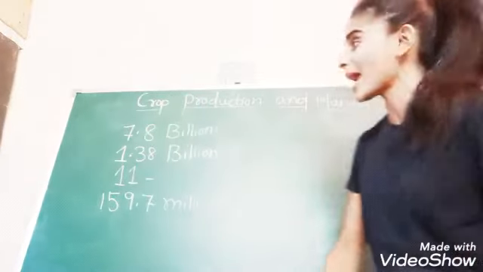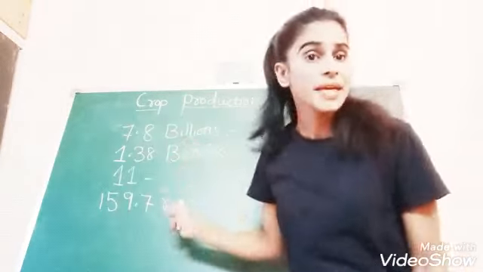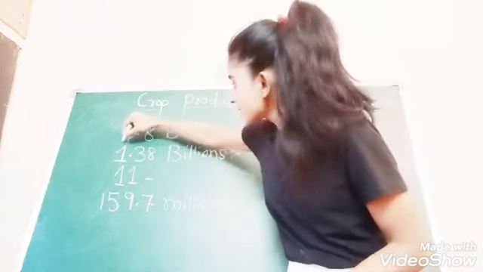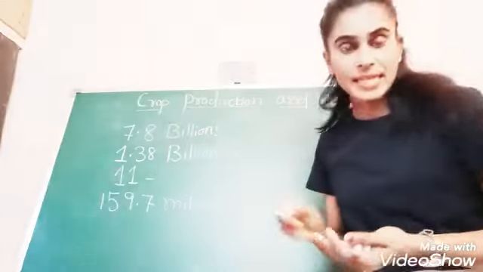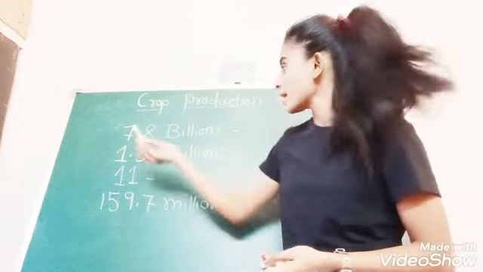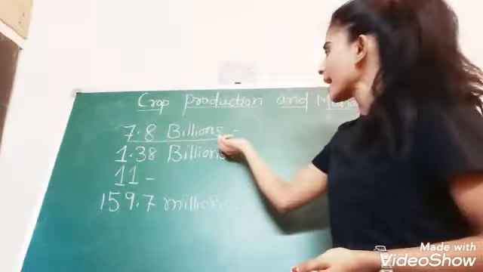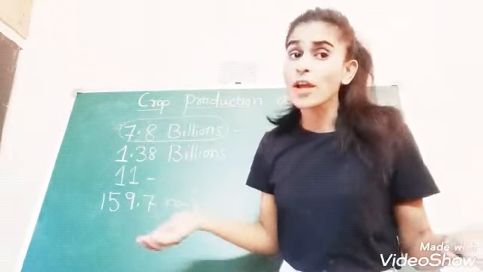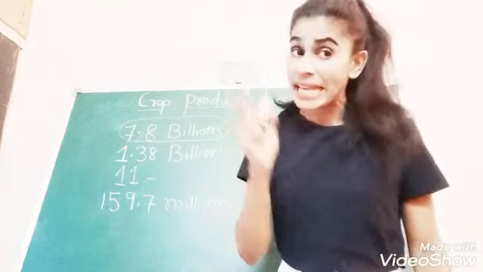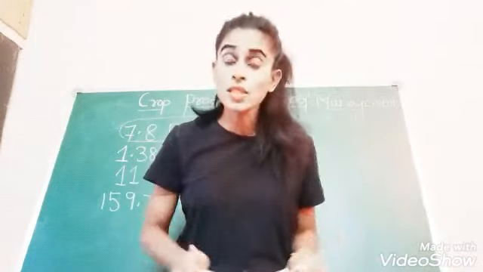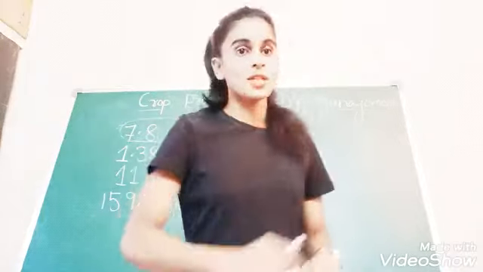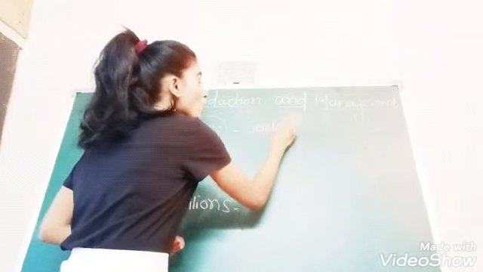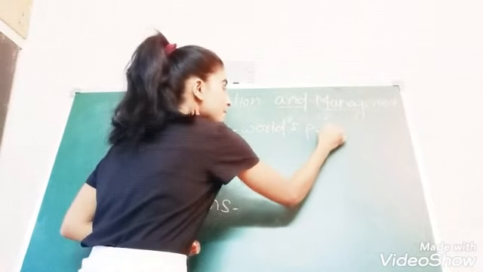Let us understand what these numbers mean. The first one is 7.8 billions.